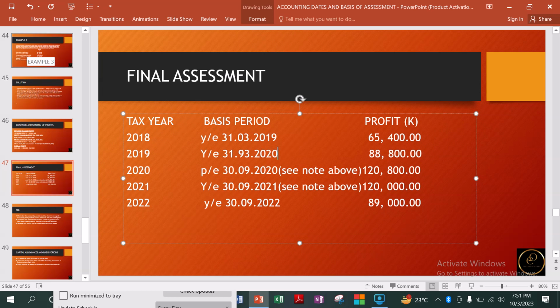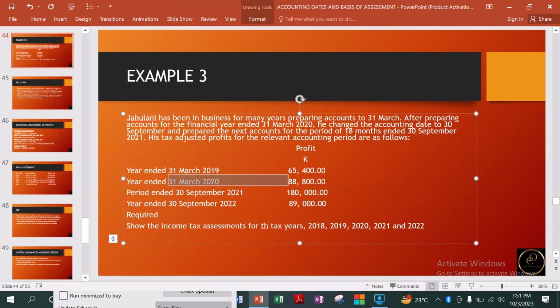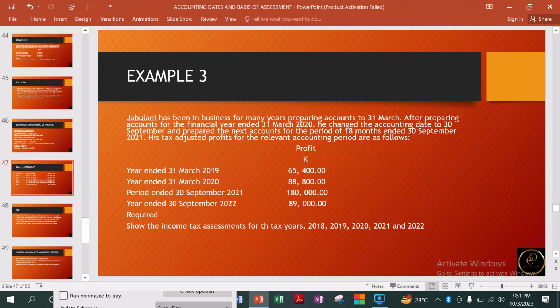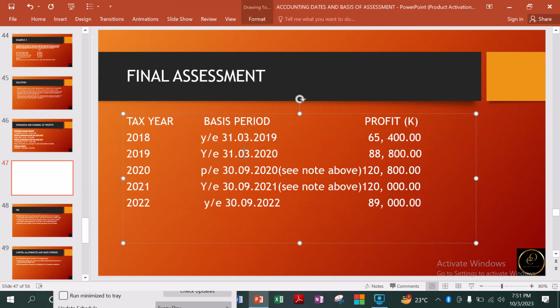Look at this one. Okay, 2020, that's what we're using. But since this is the preceding year basis, this will be assessed in the tax year 2019. That's the preceding year basis.